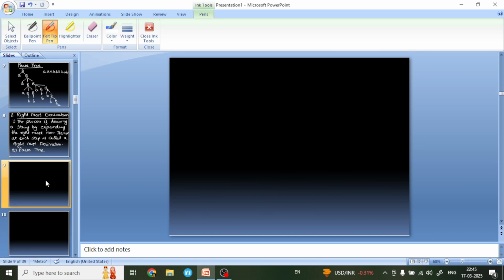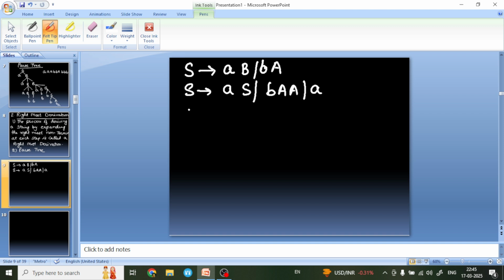Now next, taking the same example but solving from the right side. S implies a B or b A. A implies a S, b A B B and a.